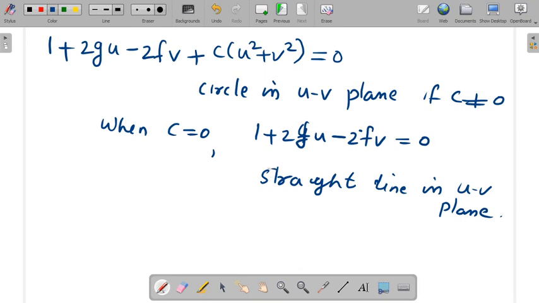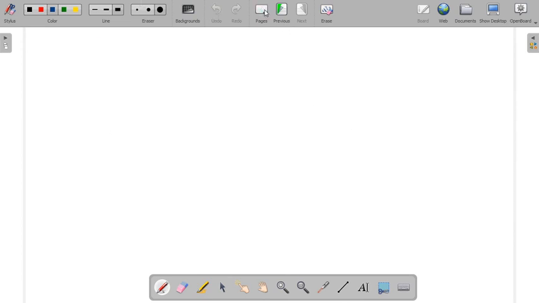So a circle in the xy plane is mapped to a circle in the uv plane if c is not equal to 0. And see what happens when c = 0.